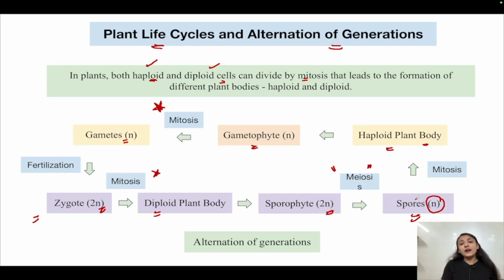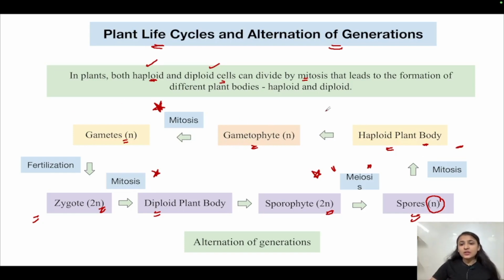In order to halve the ploidy level, reductional division has to take place, which is meiosis. Why did their ploidy level have to be halved? Because they will divide by mitosis in order to form the gametophyte or the haploid plant body. So the sporophyte produces spores via meiosis, and the spores, whenever they find a suitable environment, germinate via mitosis to form the gametophyte, the haploid plant body.